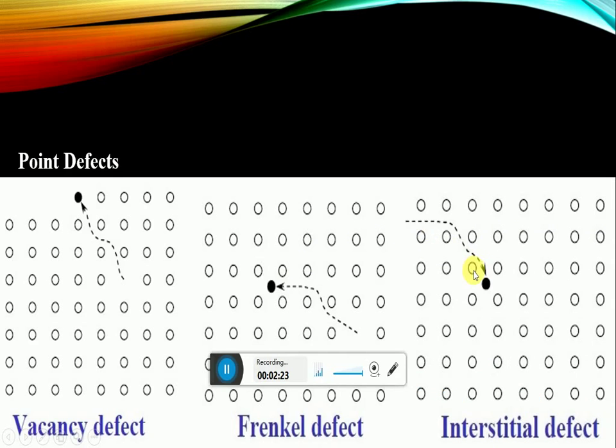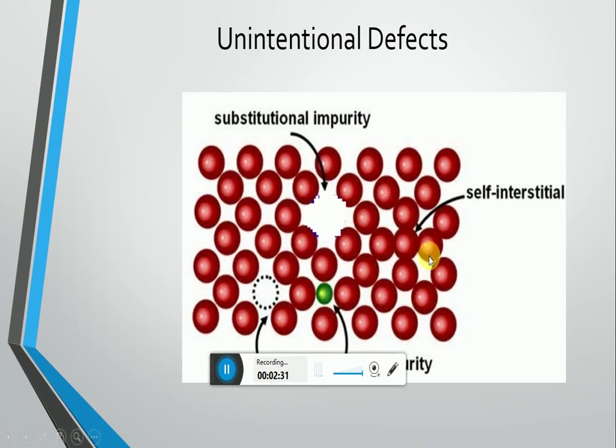And an interstitial defect takes place when an additional silicon atom from somewhere else gets into the void space. There can be unintentional defects also, which are usually incorporated while manufacturing, for example the carbon atom which took place in between the silicon atoms.